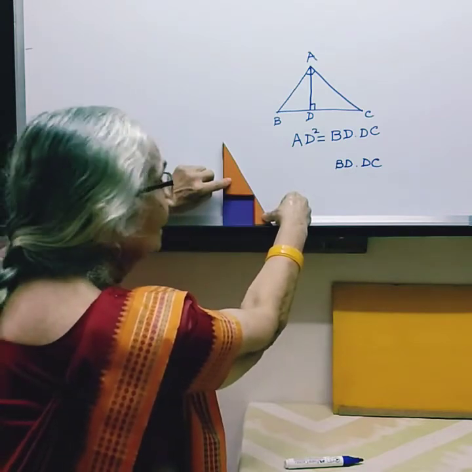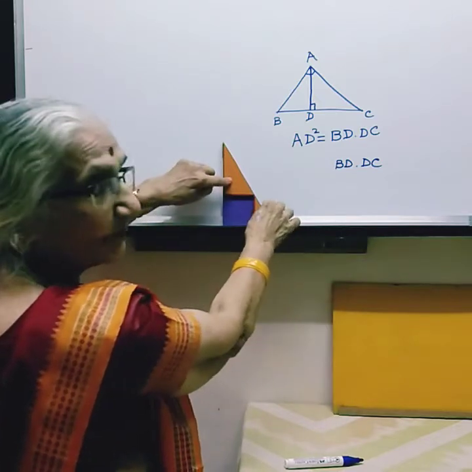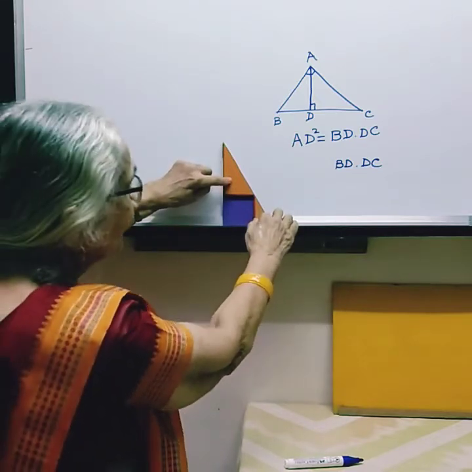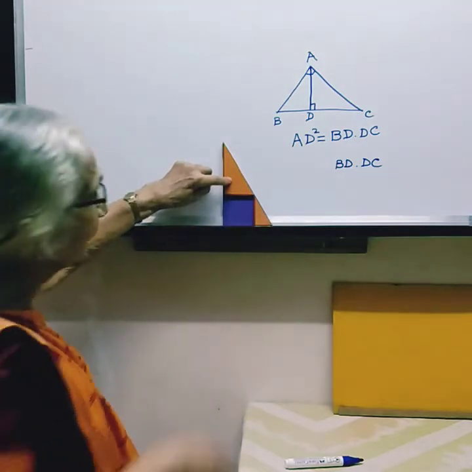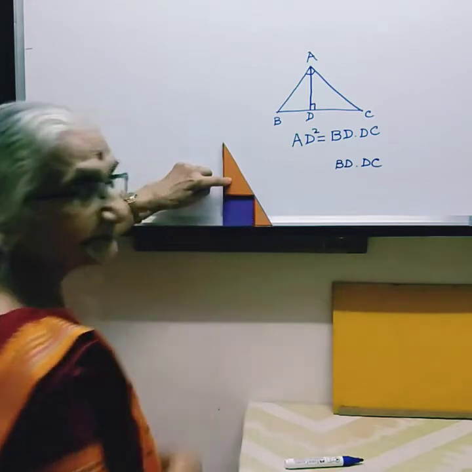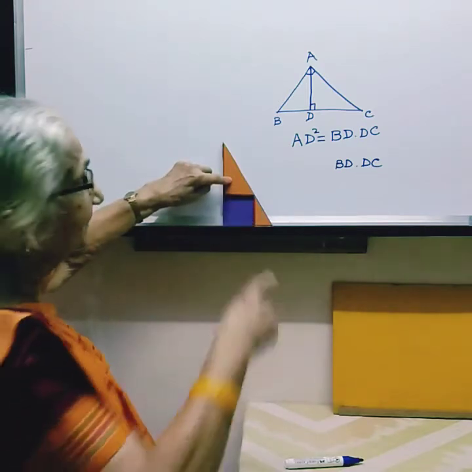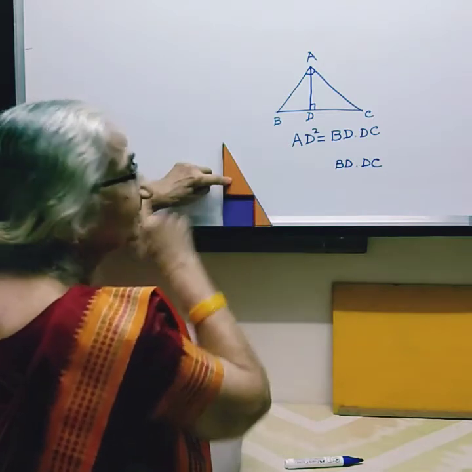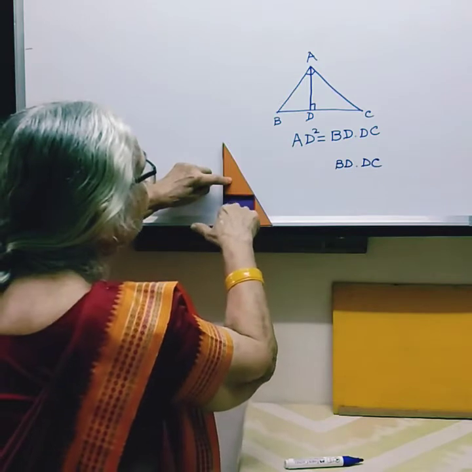And again from the big purple triangle, we remove the two small orange triangles, and what we are left with is a square. How do you know it's a square? Well, I have both the red lines here. So I know that it is a square, and also that its area is the square of the red, and the red was the altitude AD. So this is AD square.